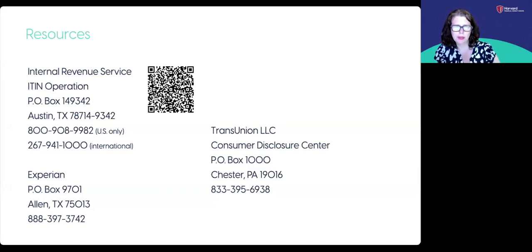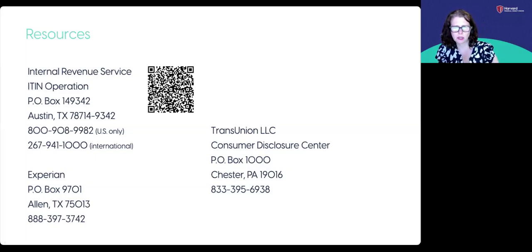And then if you want to request your credit report by mail, that's the Experian and the TransUnion information that is listed there. You're going to need to include your name, your ITIN, a valid ID, current and previous addresses, and your date of birth in the request. So that's a lot of information, but that's so that they can give you the correct credit information and make sure that they find you.